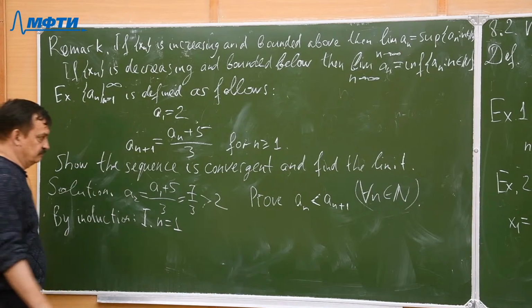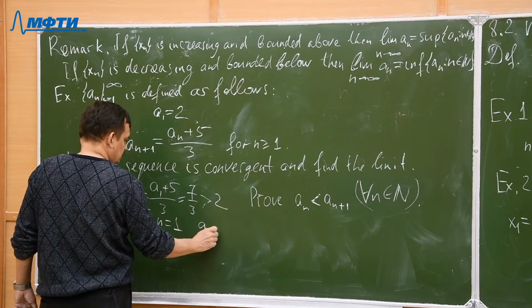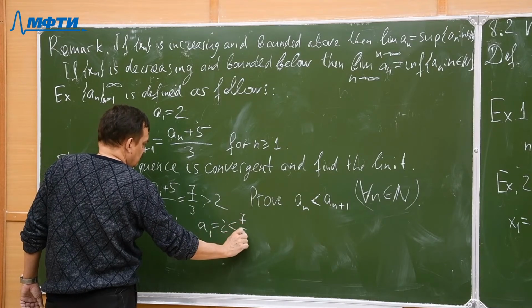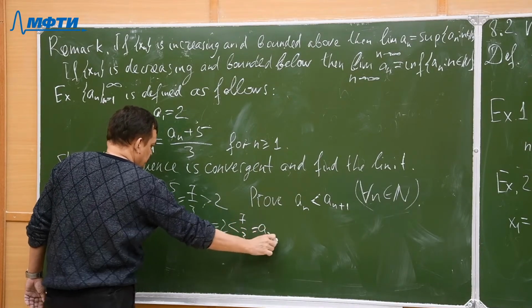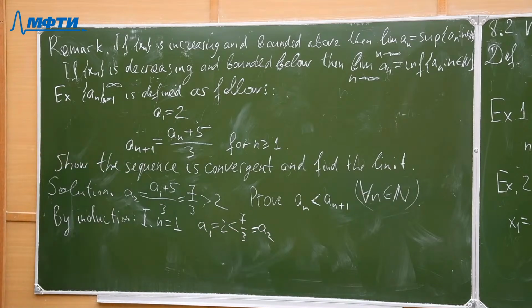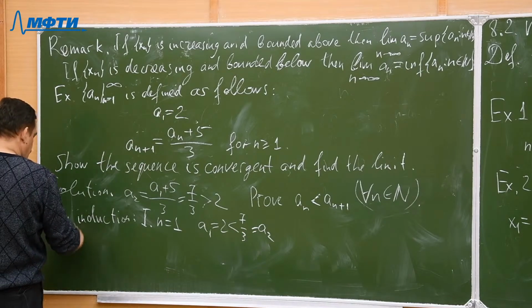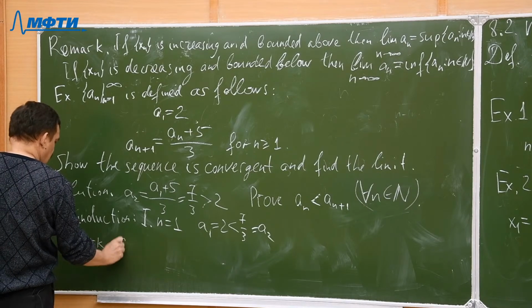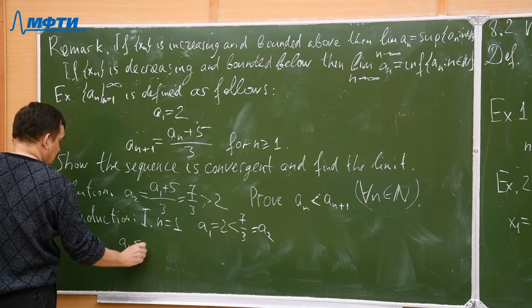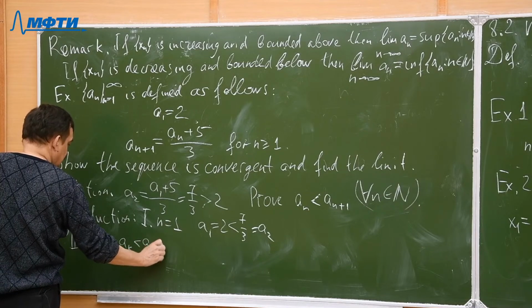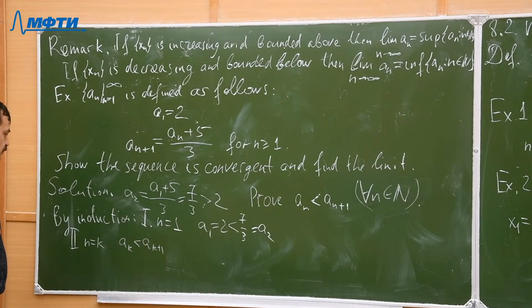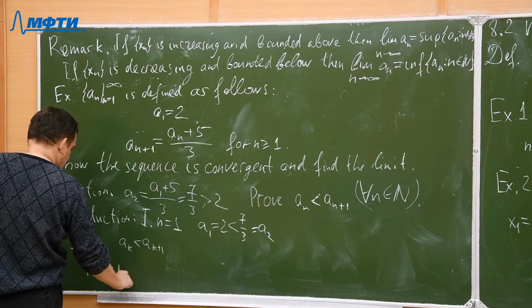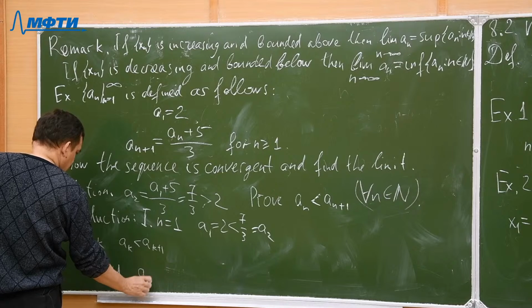We checked: a1 is 2, less than 7 over 3, which is a2. So, induction hypothesis: for n equals k, we have ak less than ak plus 1. So, we need to check if it's true for n equals k plus 1.